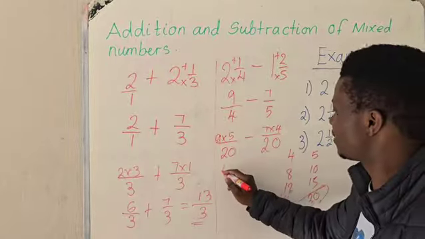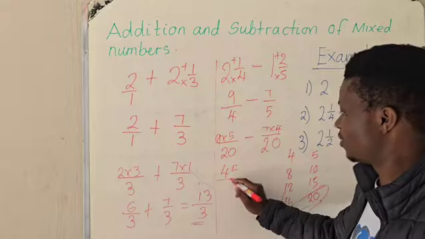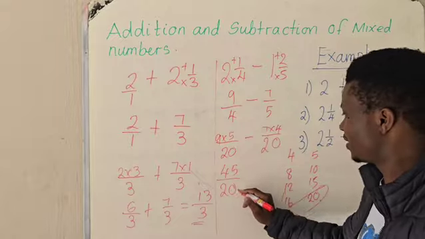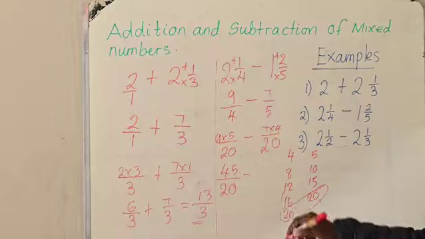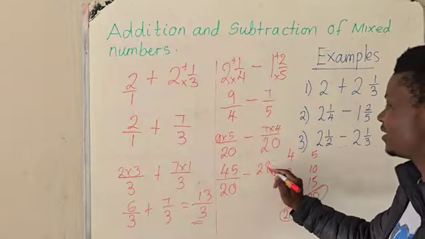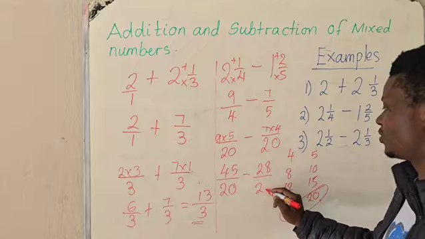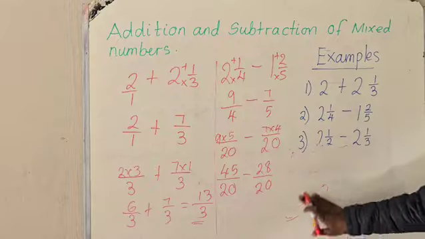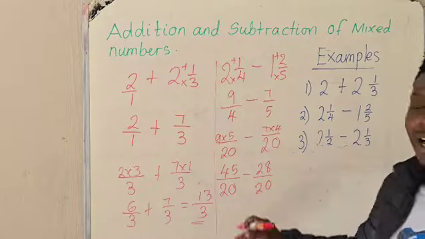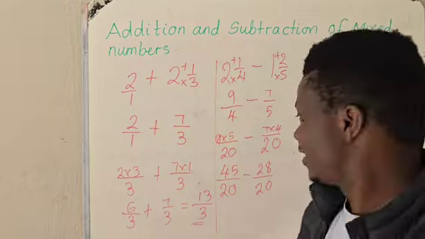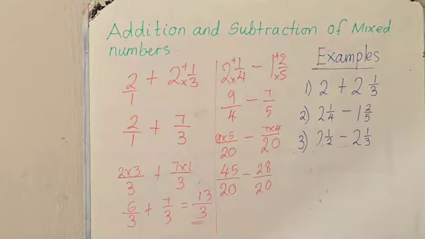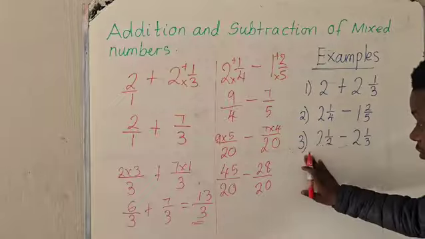9 times 5 is 45 over the same denominator 20 minus 7 times 4 is 28 all over the same denominator 20. Now that your denominators are the same, you just subtract the numerators, which is 45 minus 28. If you don't know how to subtract, I'll show you here.